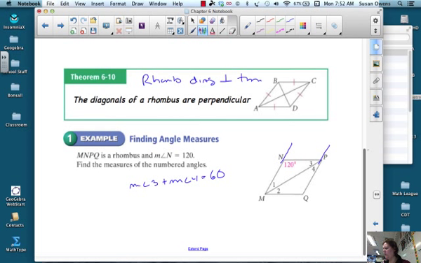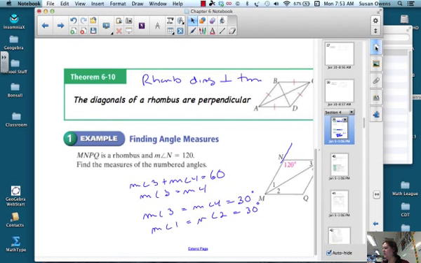And then we also know that the measure of angle 3 equals the measure of angle 4, and they must both be 30 degrees. And then also, because 1 and 2 are also congruent, and the sum of them is congruent to 3 plus 4, we also know the measure of angle 1 equals the measure of angle 2 is also 30 degrees.